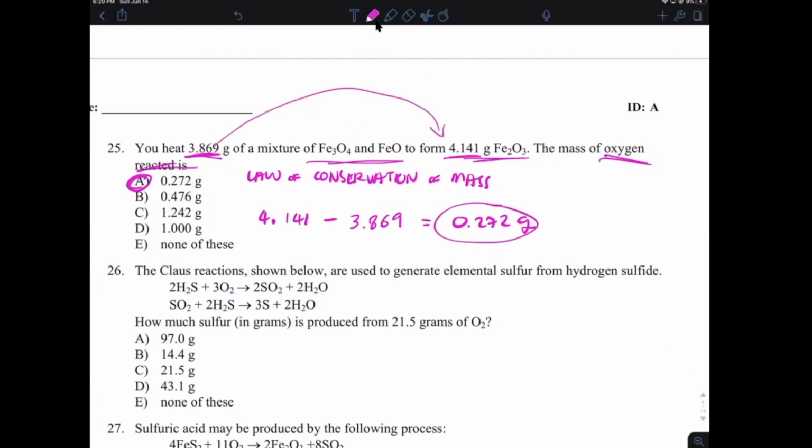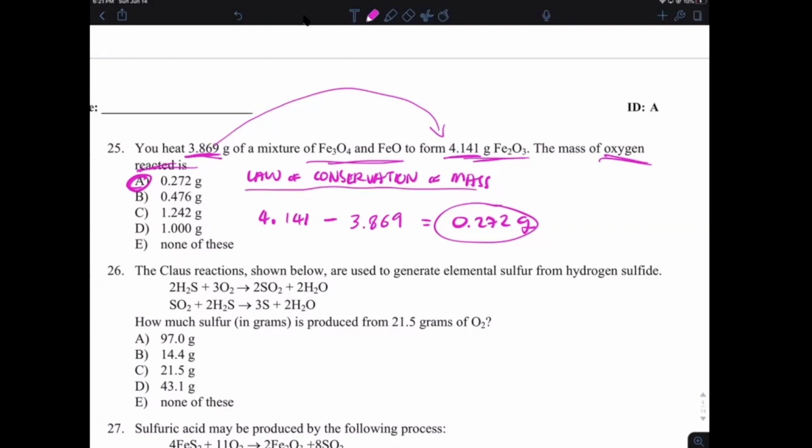Does that make sense? This one's pretty simple as long as you know the law of conservation of mass. Are there any other questions?